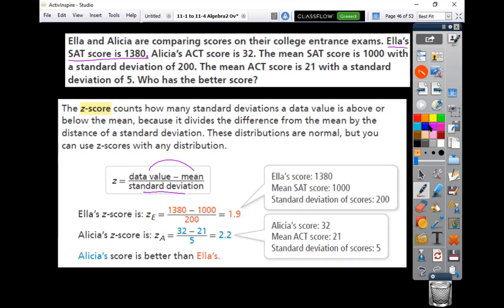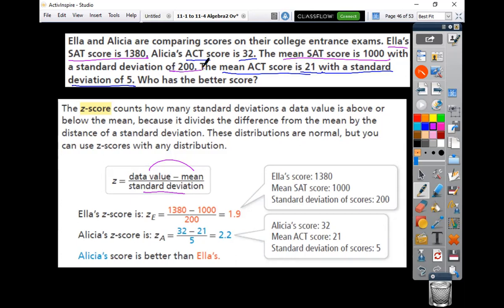Alicia took the ACT and got a 32. For the ACT, 21 is the mean and the standard deviation is 5. Color coding these as I go. And Ella's SAT has a mean of 1,000 and a standard deviation of 200.